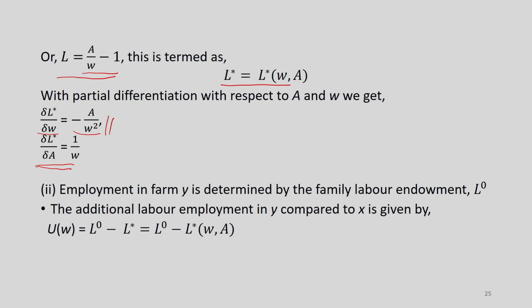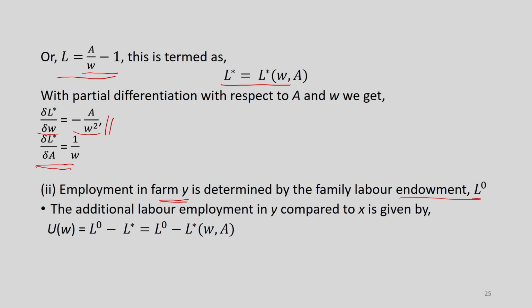The second part, we are now talking about the other firm, which is Y. Firm Y employment is determined by the family labor endowment. To recall, Y is not owned by a profit maximizing farmer. It is owned by someone who has a family to look after, and that family has L0 amount of labor endowment.